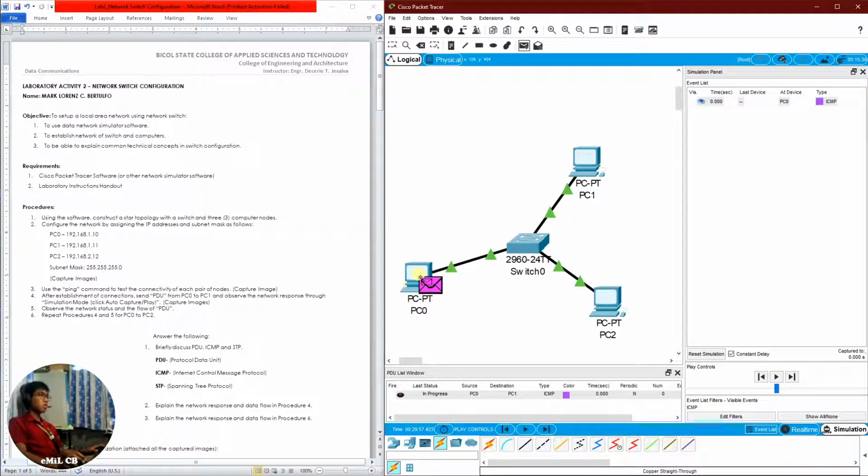Okay, let us click send a PDU from PC0 to PC2. So I think we are going to establish two processes: from PC0 to PC1 and PC0 to PC2.